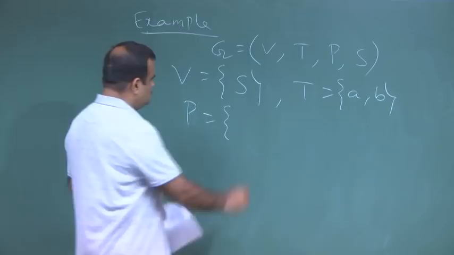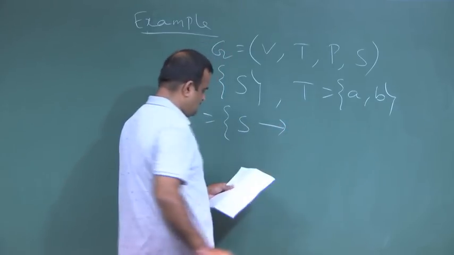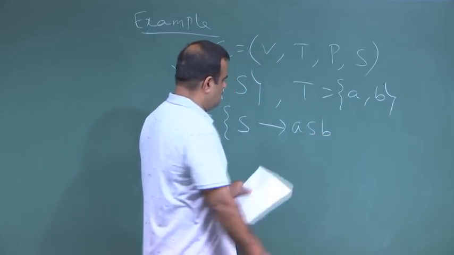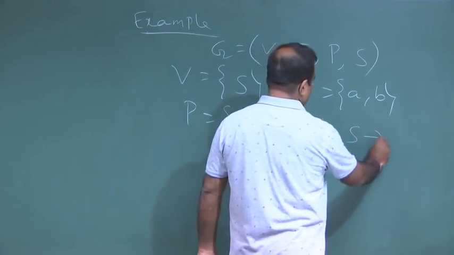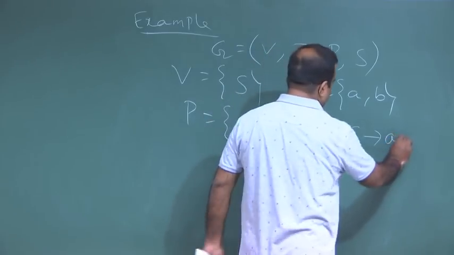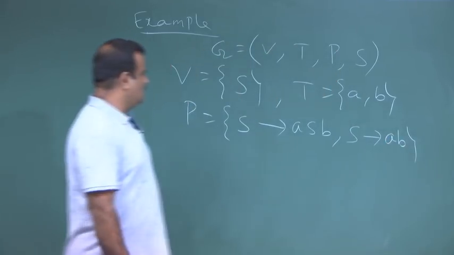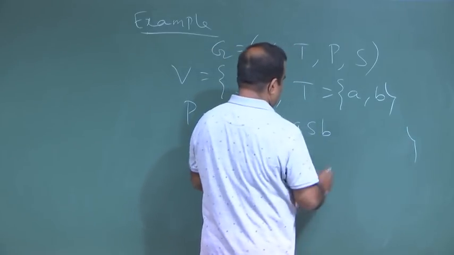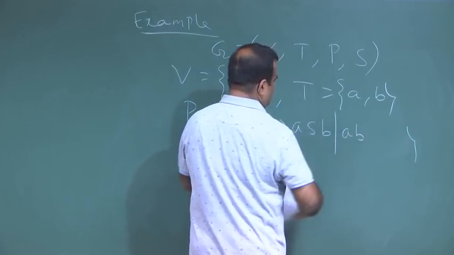S goes to ASB or AB. We can combine these two and write S is either ASB or AB.